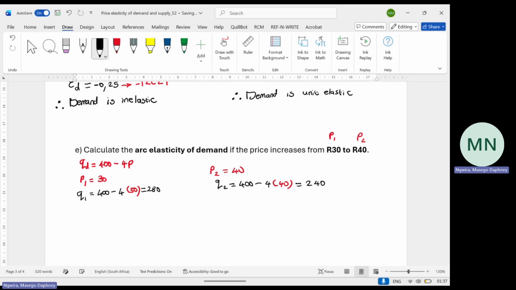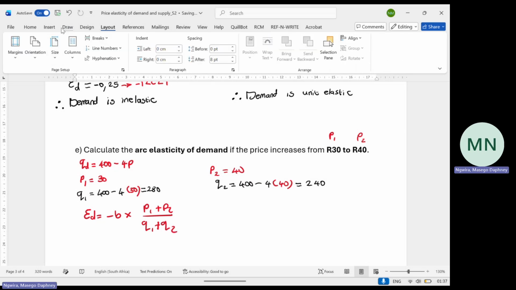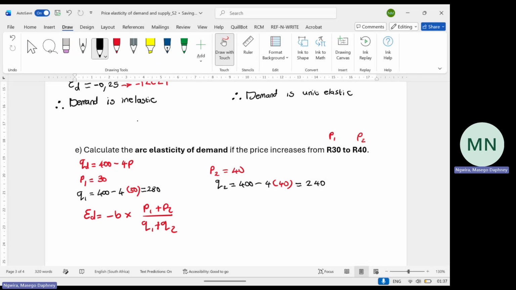Then my answer is going to be 240 units. All right. So now when we calculate the arc elasticity of demand, we're going to use the formula for that. We know that the formula for arc price elasticity of demand is ED is equal to negative B times price 1 plus price 2 over quantity 1 plus quantity 2. And then now we substitute.